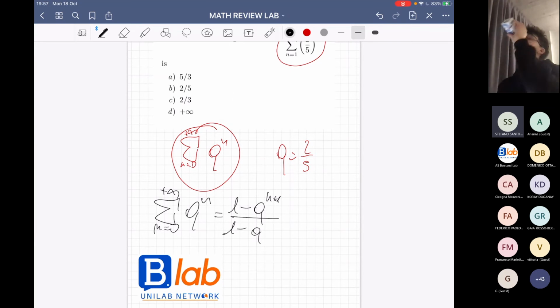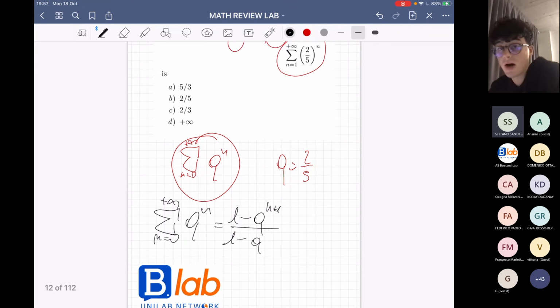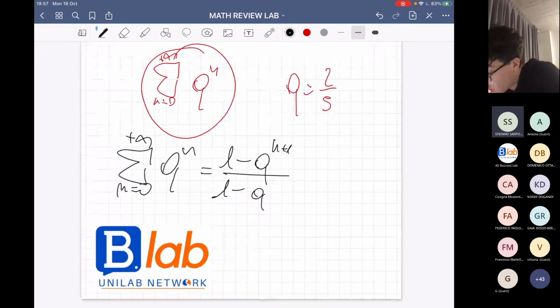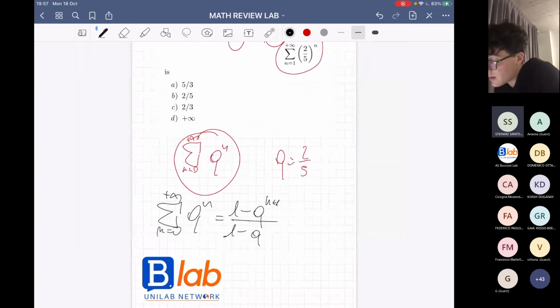Now, we want to calculate the sum of this one. So simply, how can we do so?